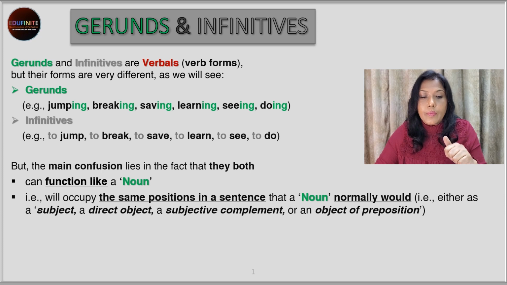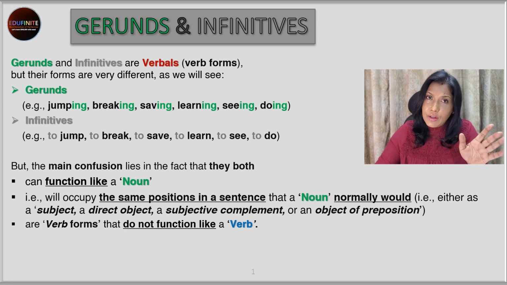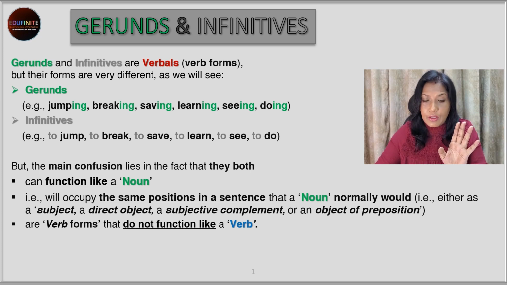So these are the positions of a noun. Now, if they occupy the same position and they have different forms, then what is the hindrance? Why are we confused? One thing we know, that they are verb forms, but they do not function like verbs.